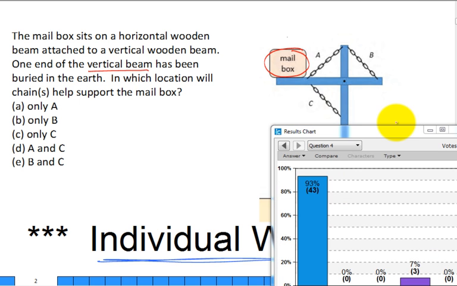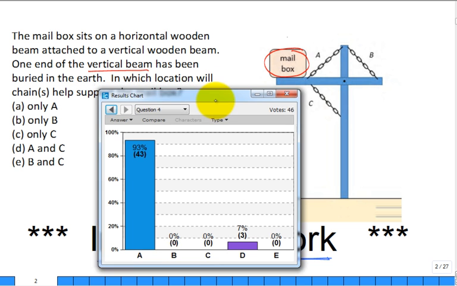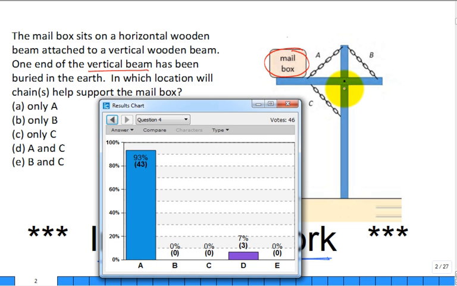Okay, so this is what the class believes, that to support this, it's only at A is going to help. All right, now, what will the mailbox want to do? The heavy mailbox will want that horizontal support to rotate, and it'll rotate around this pinned connection right here in the middle.